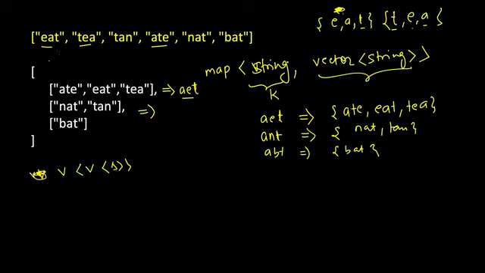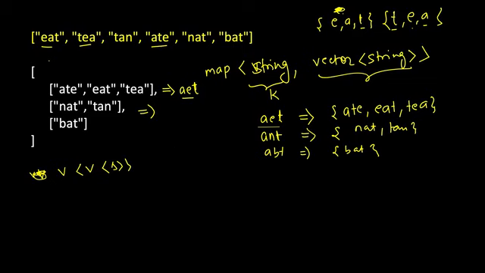Remember, the value is a vector, so we can always push back to it, and the first time it will be empty. So it will push back ATE and hold one value. Next time we encounter TEA, again we will sort it, and for key AET, we will push TEA. So it will be ATE and then TEA, and the next time we reach here, we will again push back.